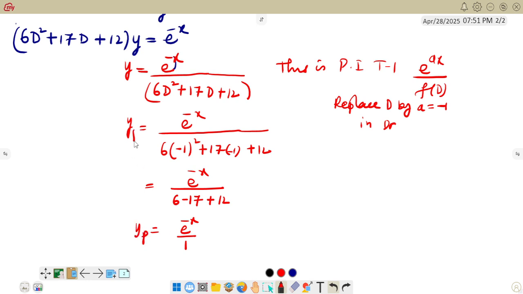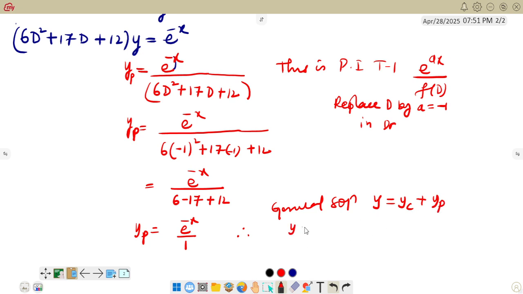This is called the particular integral. Finally we write the general solution. The general solution of the non-homogeneous equation is y is equal to yc plus yp.